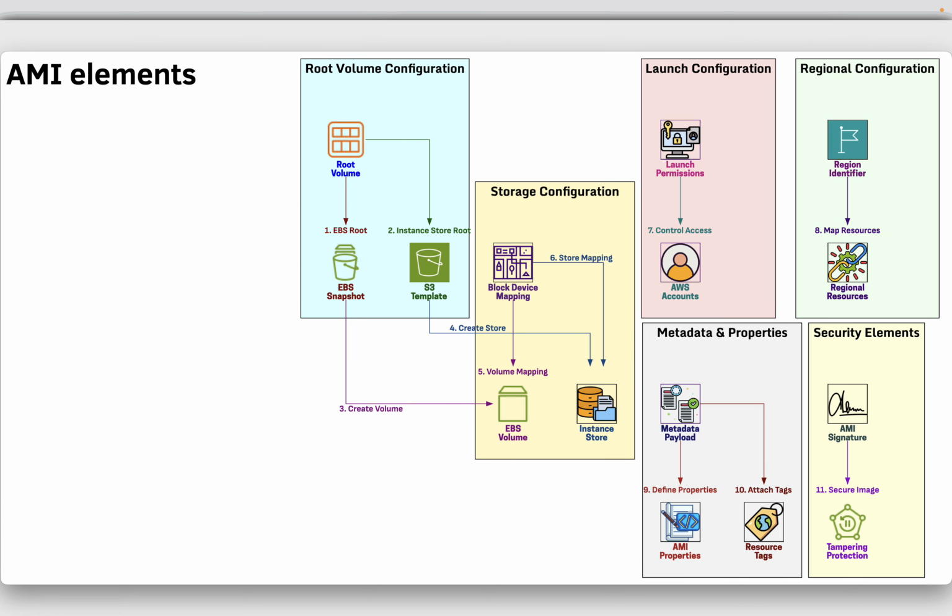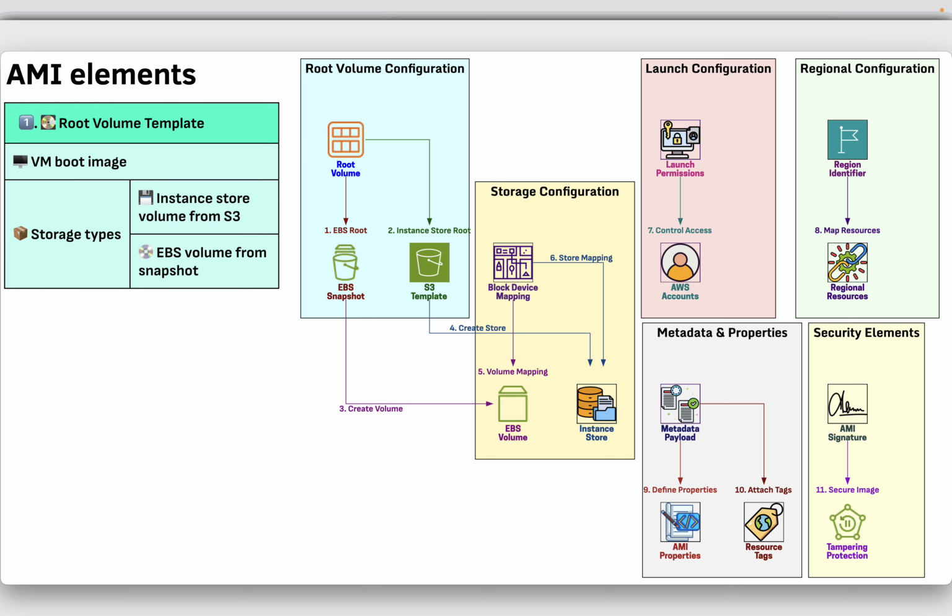So next I will talk about the Amazon Machine Image AMI elements. The root volume template is a crucial AMI element that provides a VM boot image, offering two storage types: an instance store volume created from an S3 template when using Instance Store, or an EBS volume created from an EBS snapshot when using Amazon EBS.